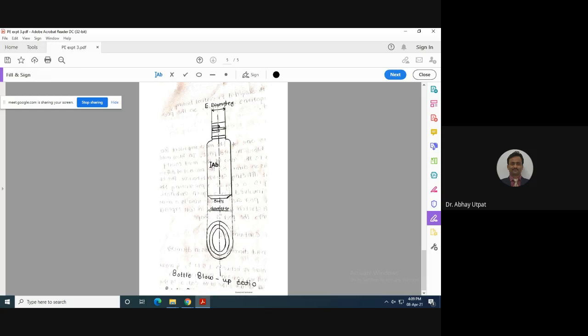I repeat once again, blow ratio also depends upon the initial temperature of the parison. If the parison is not properly hot, it will not be blown correctly, and that's why you will not get the correct blow ratio. Are you getting my point? So this is all about the blow ratio. Please take the screenshot.